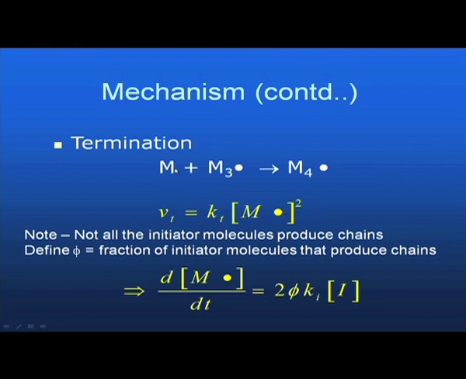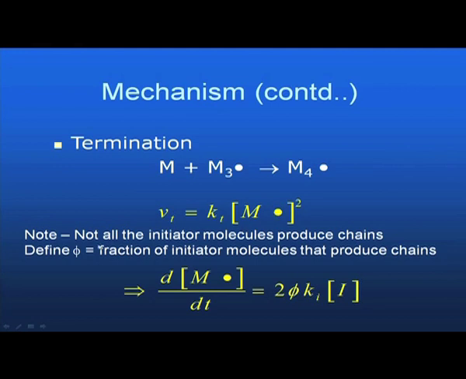You may put a dot over here and remove this dot, because termination means two radicals must combine. Or maybe one M dot and another M dot producing M2, that may be another thing.